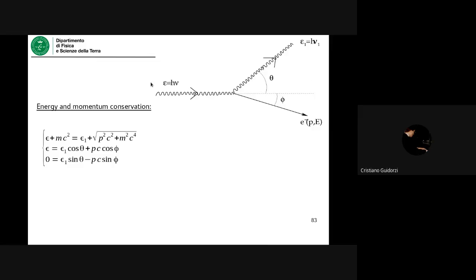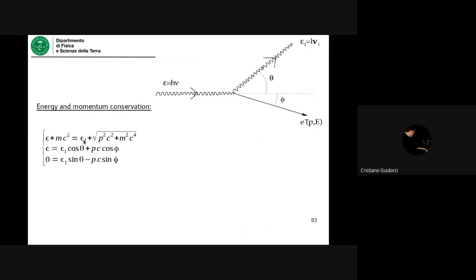So conservation of energy is just one scalar equation, and this is just the first equation. Let's see why. Well, epsilon is just the initial energy of the photon plus the initial energy of the electron, which is just its rest energy, mc squared, and this equals the final energy.